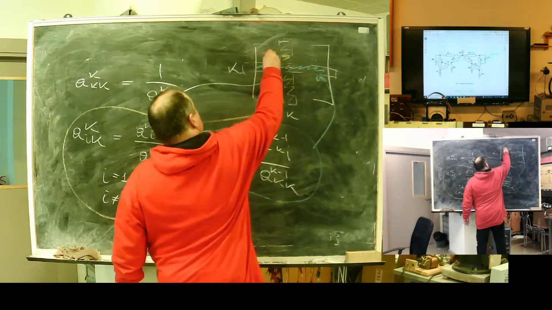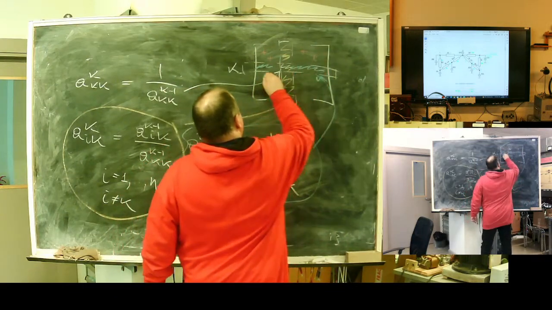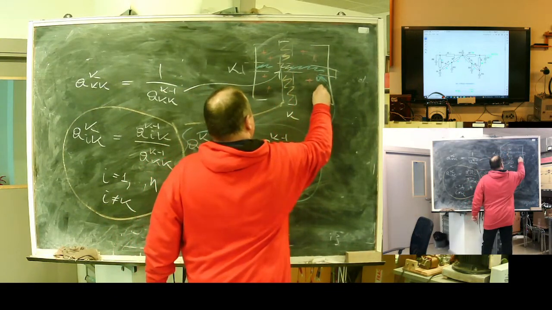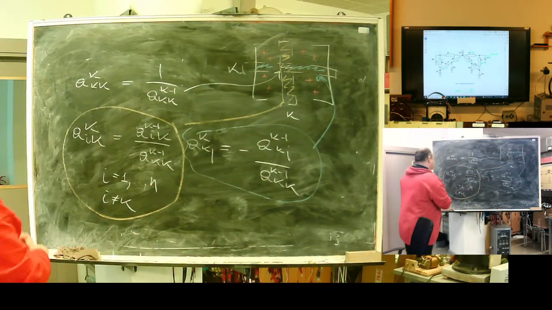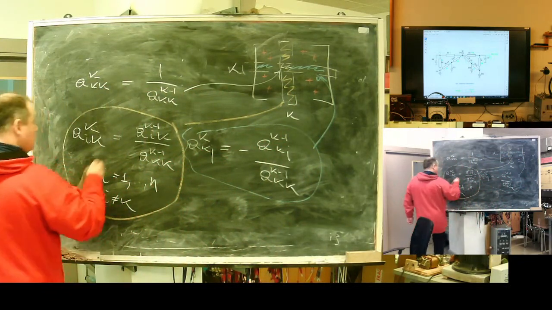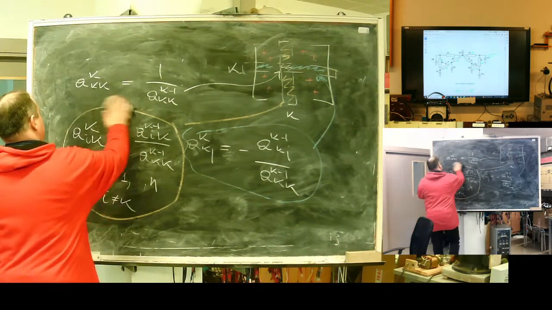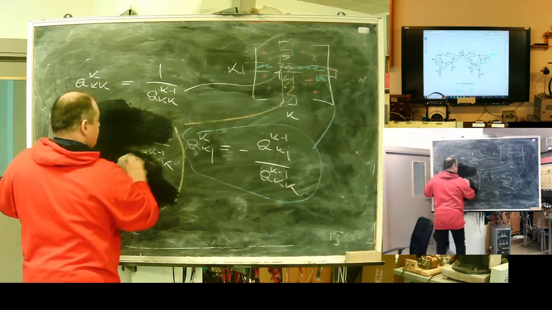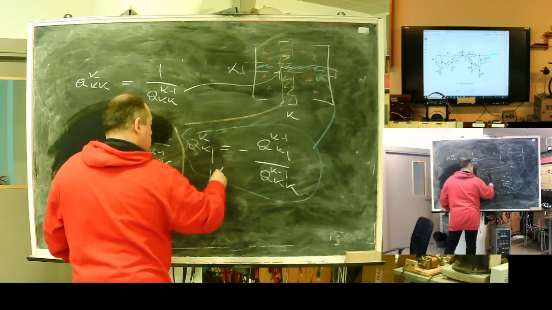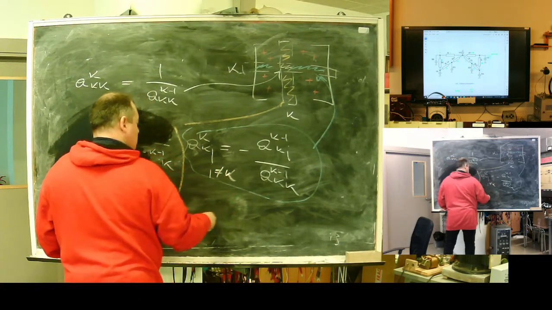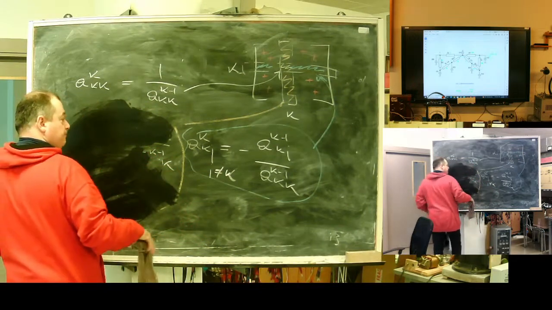I'm missing this part outside of the magic cross. Here also i should not be equal to k. Important.